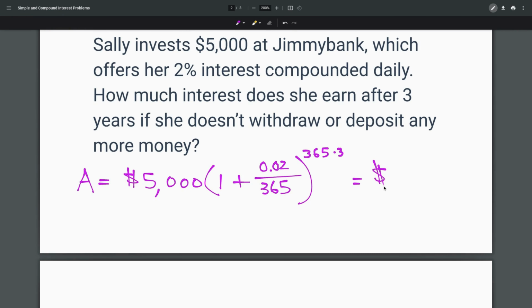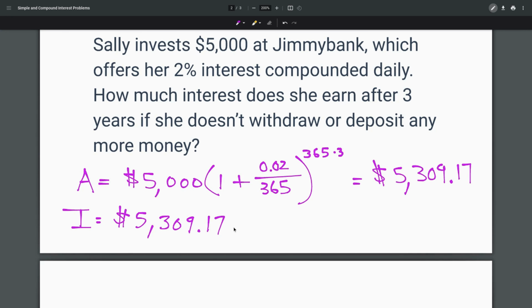So $5,309.17. Now the interest is going to be that amount, and we're going to take off the principal. So we're going to do 5,309.17, and we're going to subtract 5,000, which is the initial amount invested.